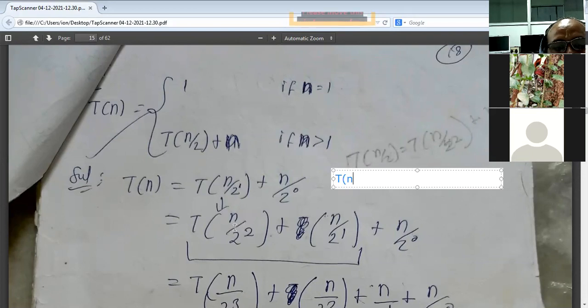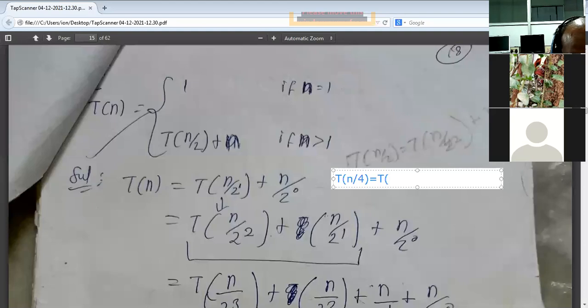So I want to find out the value of T(n/2²). So I have kept in this equation, substituting n with n/2². So I got here n/2², that means n/4. Now instead of this n, I will substitute n/2². So it will become n/2³, that means n/8.